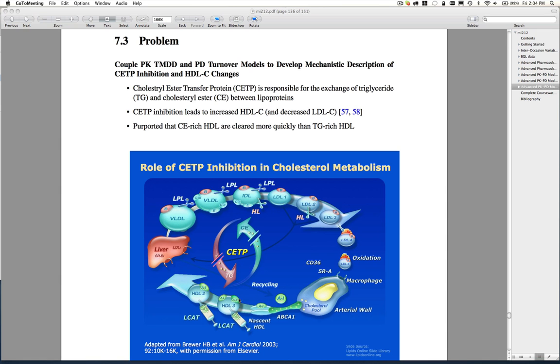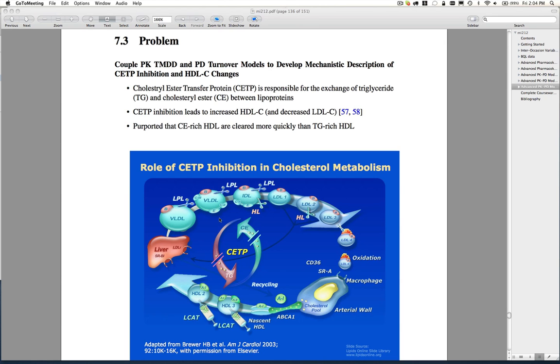And so as it was going to be destroyed by the liver, this process would take it back and say, well, wait a second, we need some more, because we actually do need cholesterol for some cellular functions. However, now we're trying to block that process so that we block the return of the cholesterol back into the system and facilitate its return back to the liver to get chewed up.